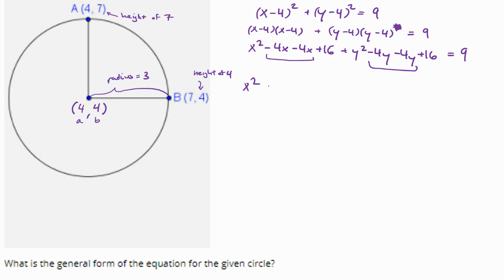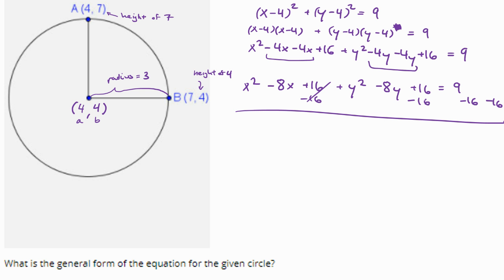So x squared minus 8x plus 16 plus y squared minus 8y plus 16. And now we need to subtract the 16 from both sides twice because it just so happens there's two 16s here. So those cancel. And what do we got?